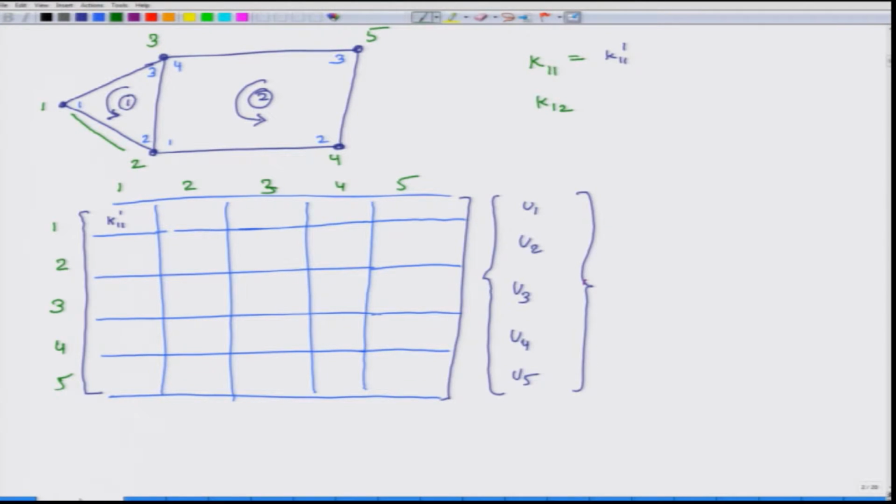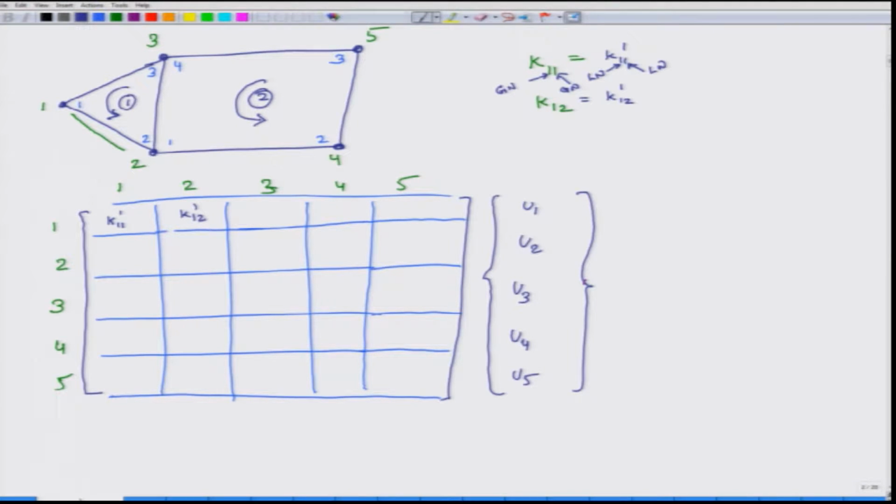So, K12 is equal to K121. Okay. So, this is global node, this subscript is local node. It just happens in this case in K12 global node and local node are same numbers.